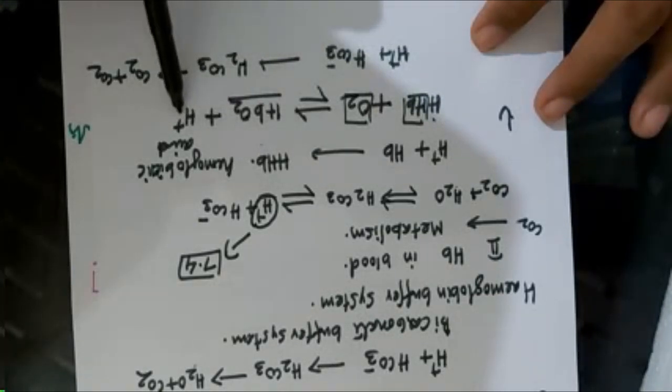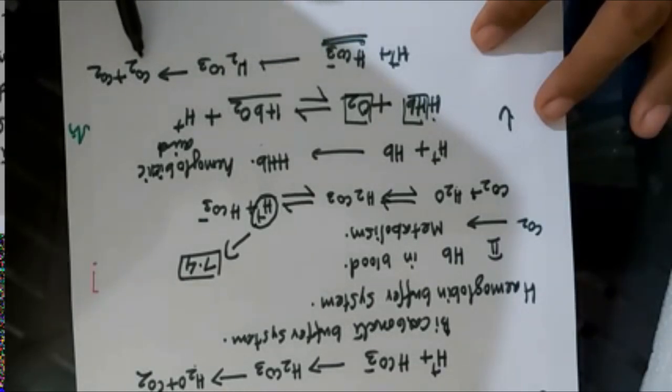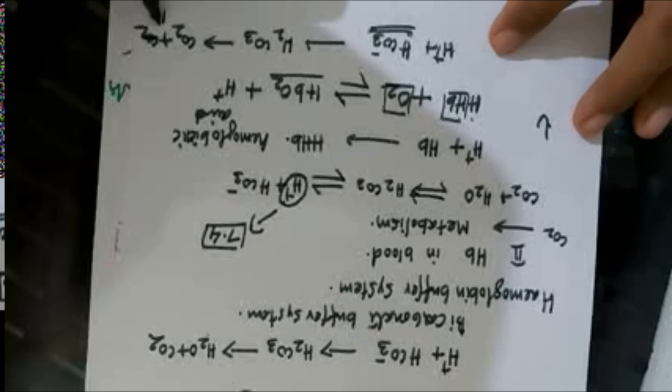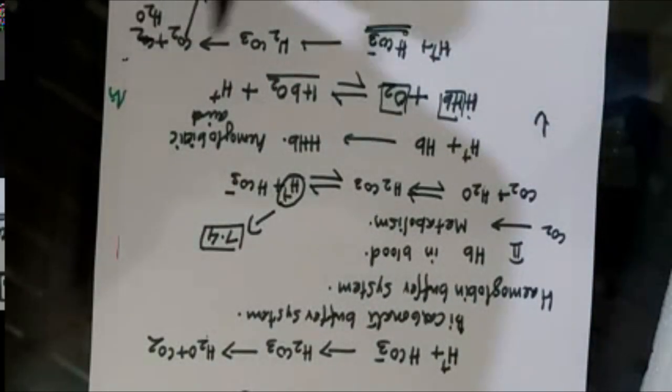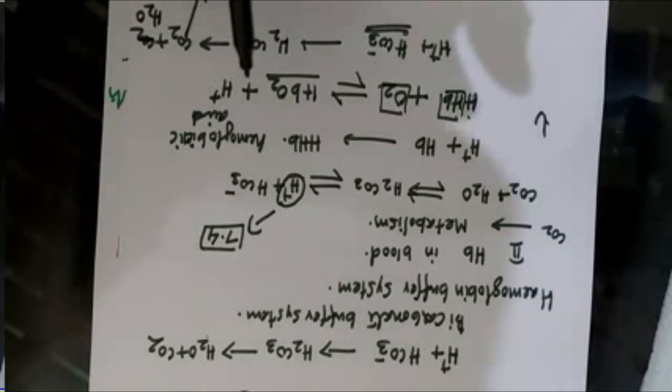Now this H+ ion combines with HCO3- ion to form H2CO3, which is again dissociated into CO2 plus H2O. So this CO2 goes out of the lungs. Okay, so that's how the hemoglobin buffer system works.